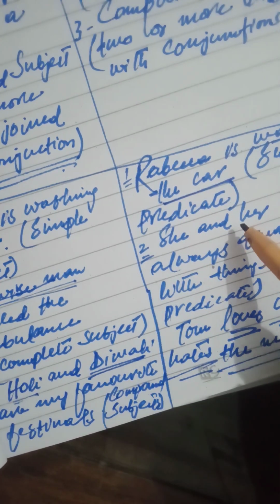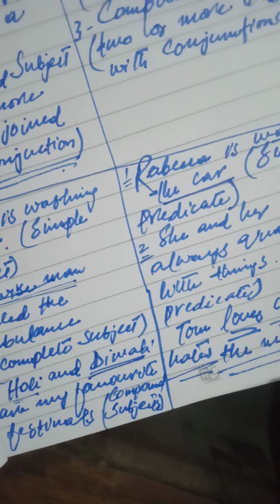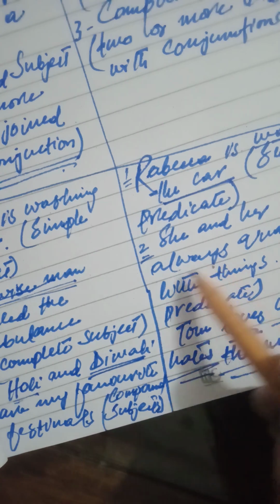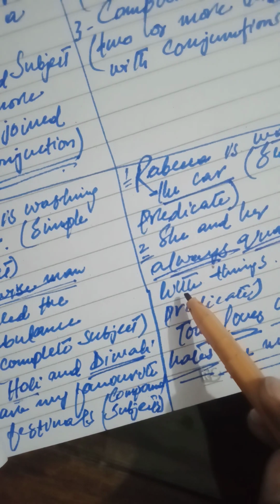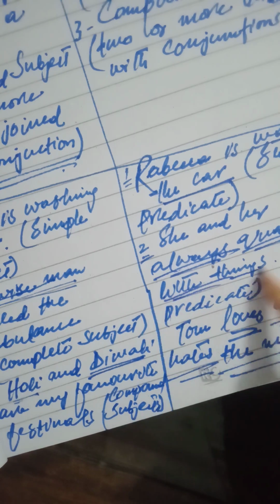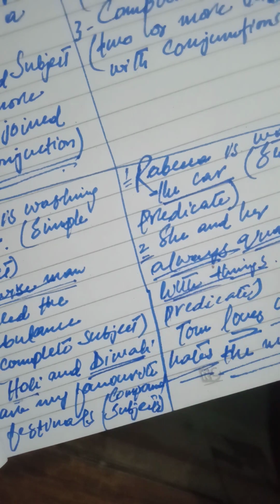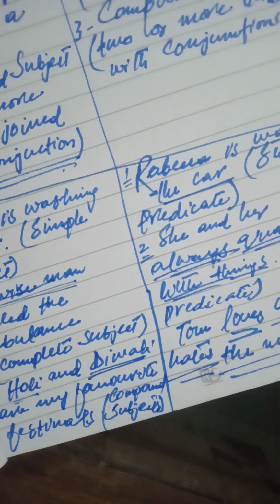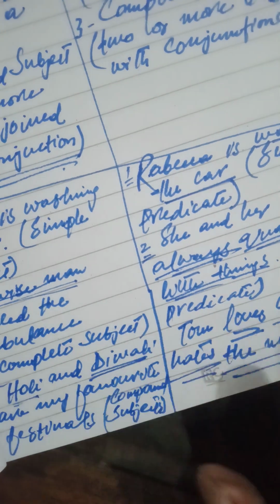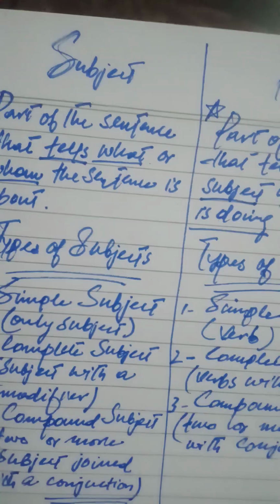She and her brother are the subjects. Always quarrel for little things. Predicate shows the actions. Loves cooking, hates the mess involved. So these are the examples of the subjects and the predicates.